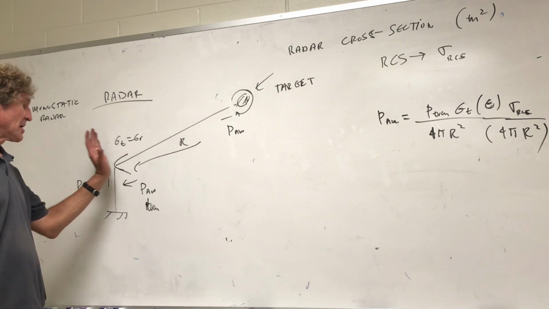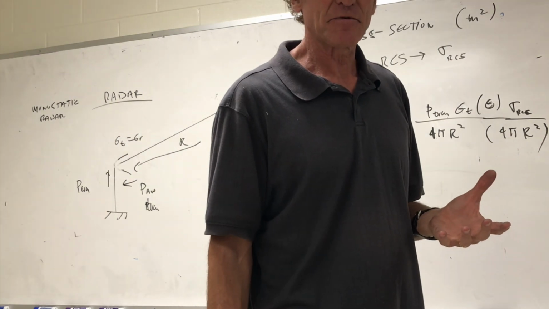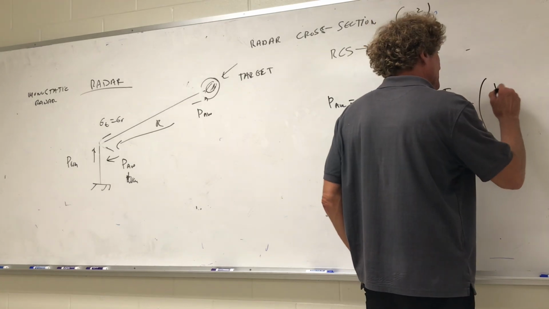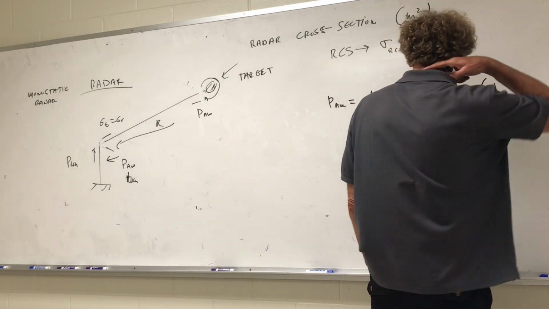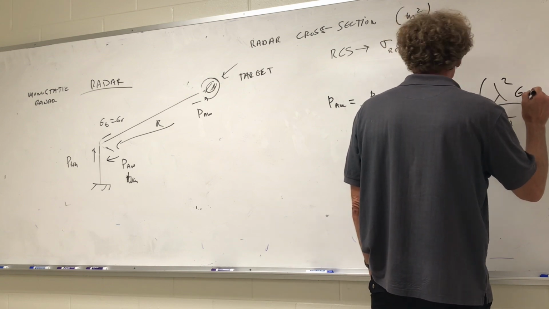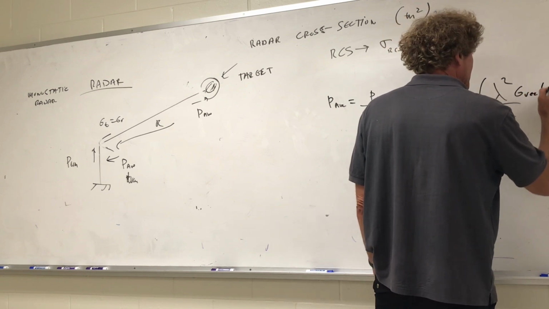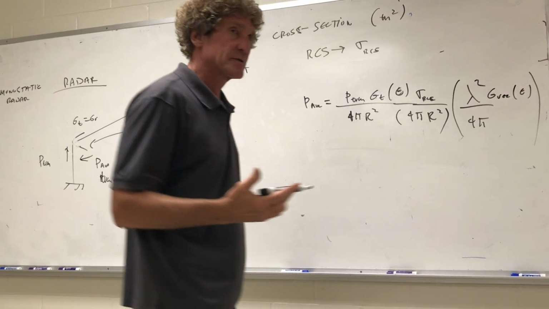Now I need to multiply by the aperture of the receiving antenna. Aperture is the electrical size. How do we get it? Lambda squared over 4 pi times the gain of the receiving antenna. And I'll put times gain of the receiving antenna, and I can make it a function of theta. Usually the gain of the receiving and gain of transmitting are the same.